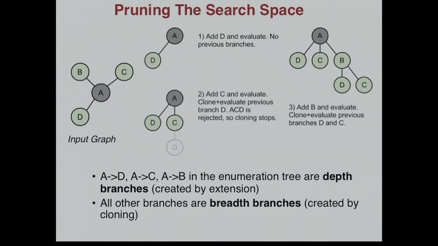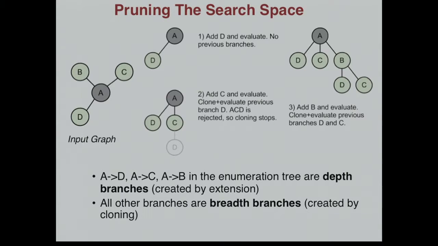This also gives rise to two types of branches, depth branches and breadth branches, where depth branches are those that are generated by extension, right? Those are the immediate neighbors of our anchor node, whereas the breadth branches are those that are created by cloning, meaning that the connectivity is inferred because they are connected through our anchor vertex.